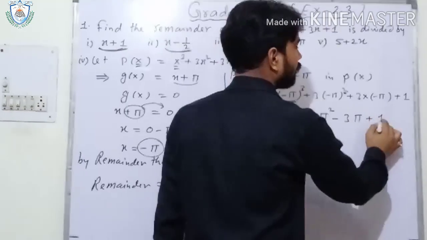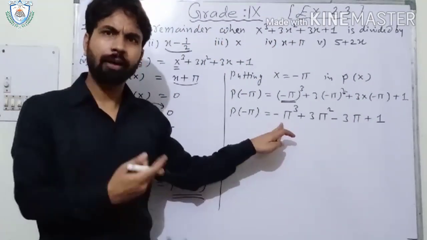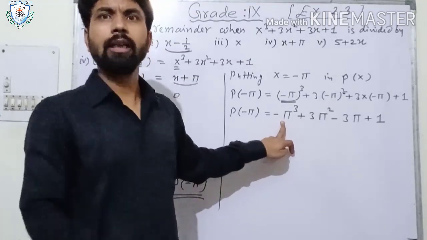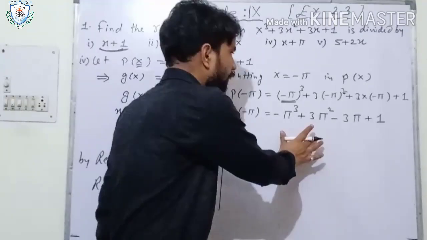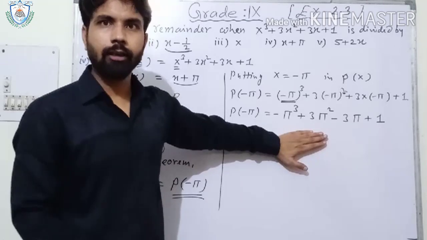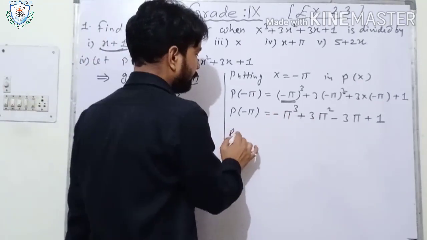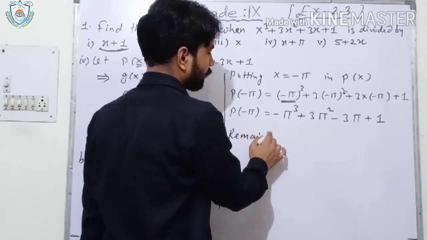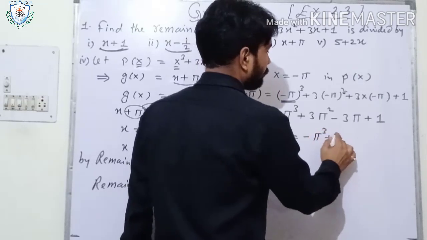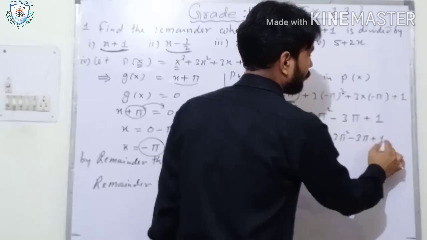plus 1. Since pi is a variable here, we will not put pi equals 22 over 7 or 3.14. This is our final answer. We will not solve this further. Clear? So hence the remainder equals minus pi to the power 3 plus 3 pi square minus 3 pi plus 1.